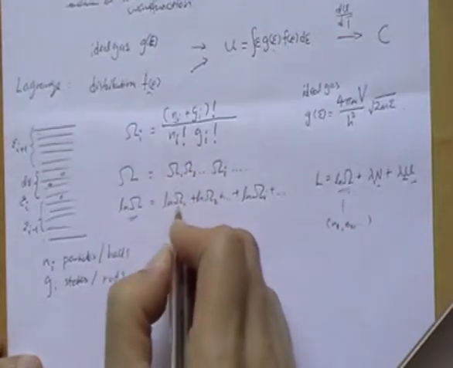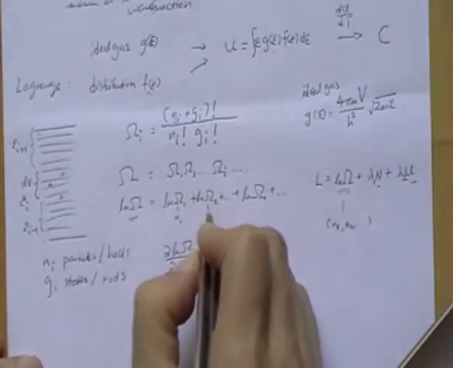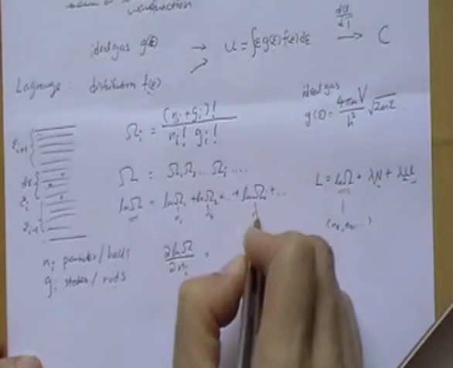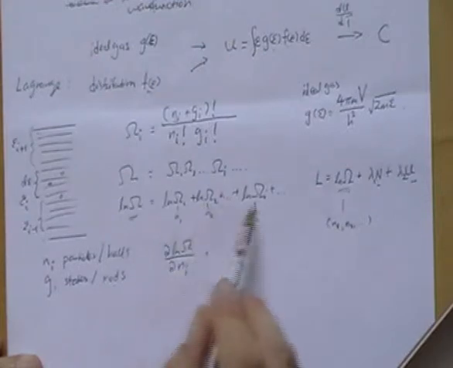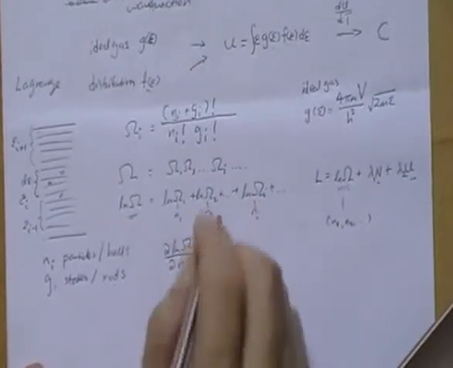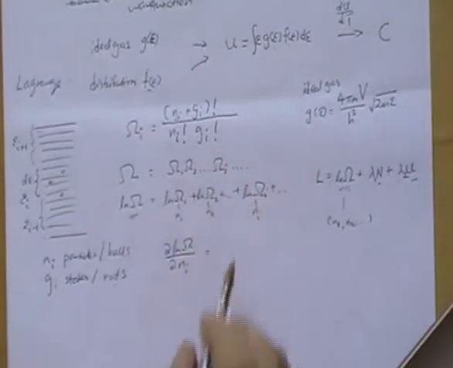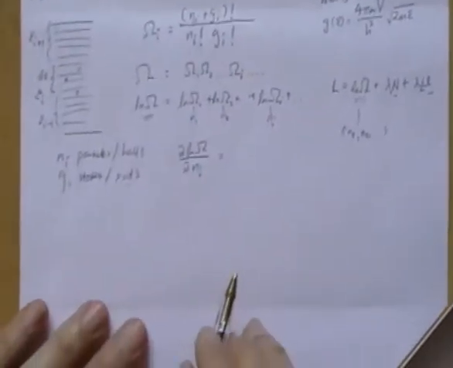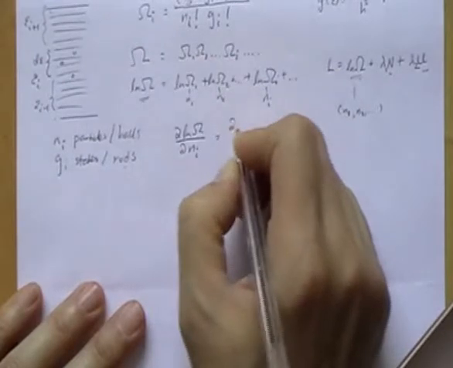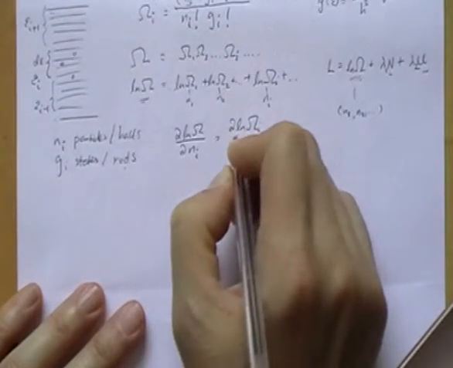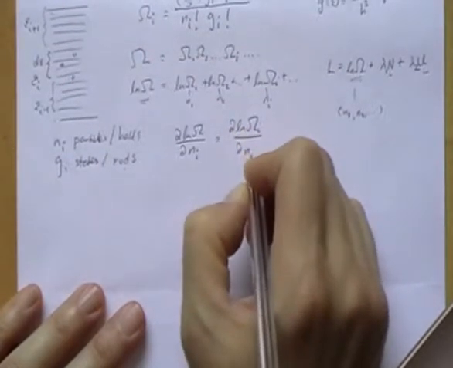So omega 1 depends only on n1, omega 2 on n2, and so on. So if we differentiate this with respect to ni, all of these terms will be 0 except for that one. So this is really just d omega i by d ni.